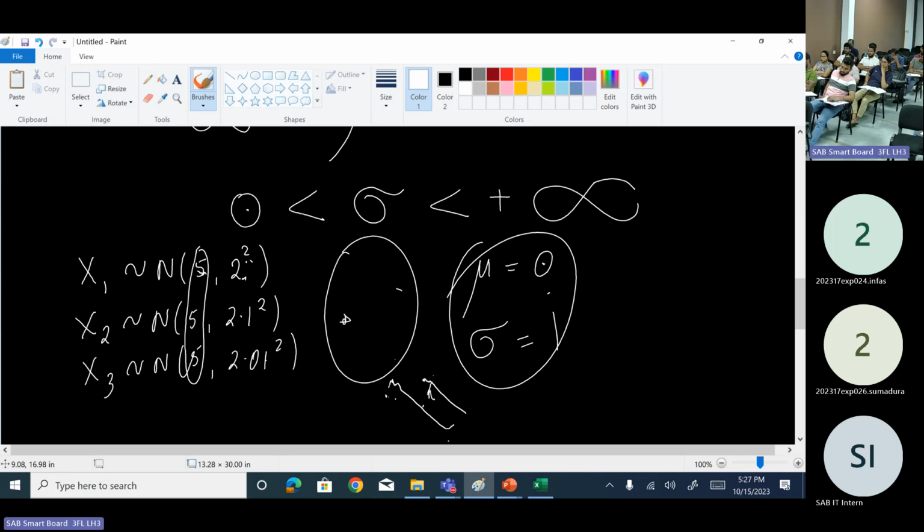According to the way mu and sigma can have values, we get a huge collection of normal variables. From that collection, we pick the normal variable which has mean 0 and standard deviation 1, and we call that the standard normal variable, and denote it by Z.